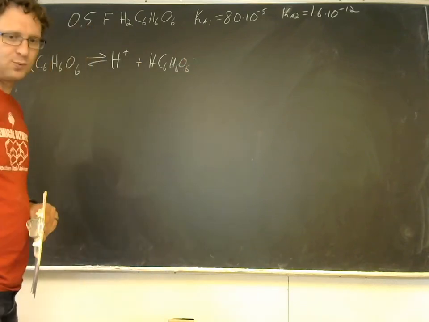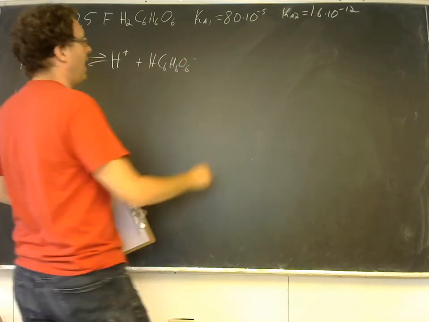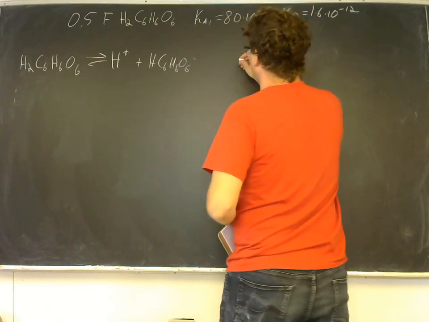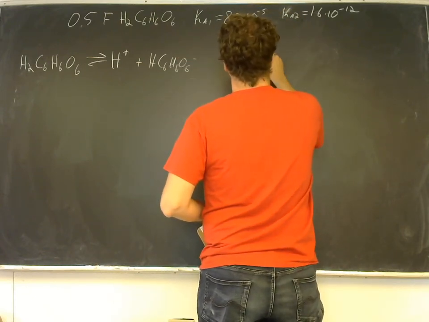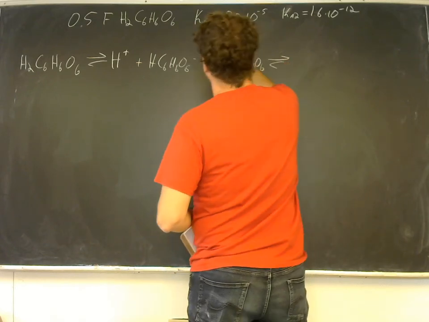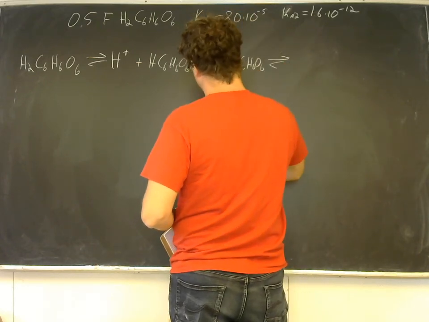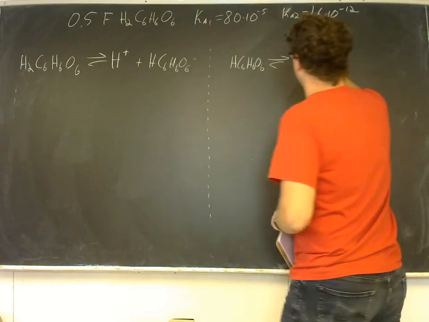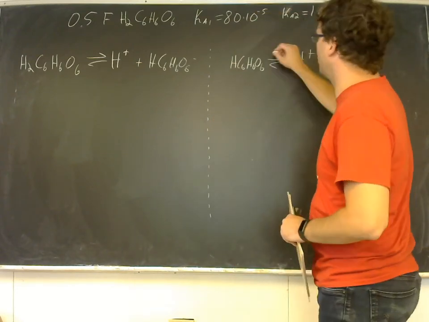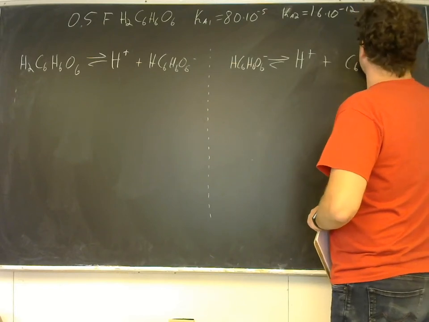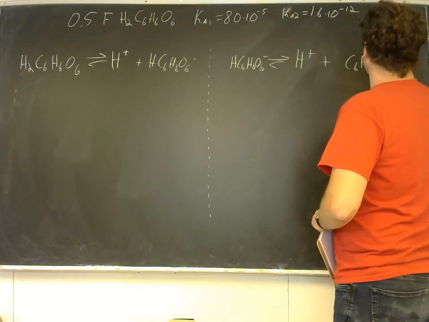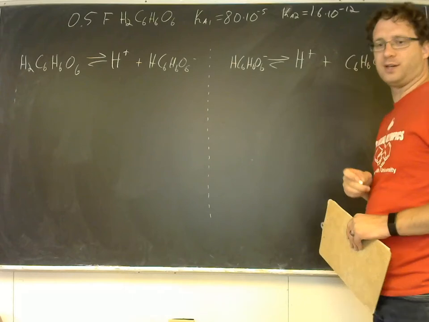So that is one of the equilibria. And then this HC6H6O6 minus has its own equilibrium where it donates that second proton, and we're left with C6H6O6 2 minus.